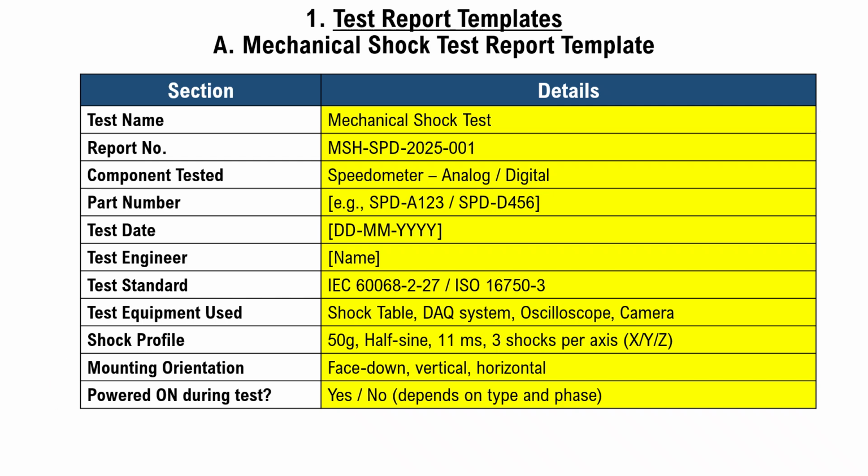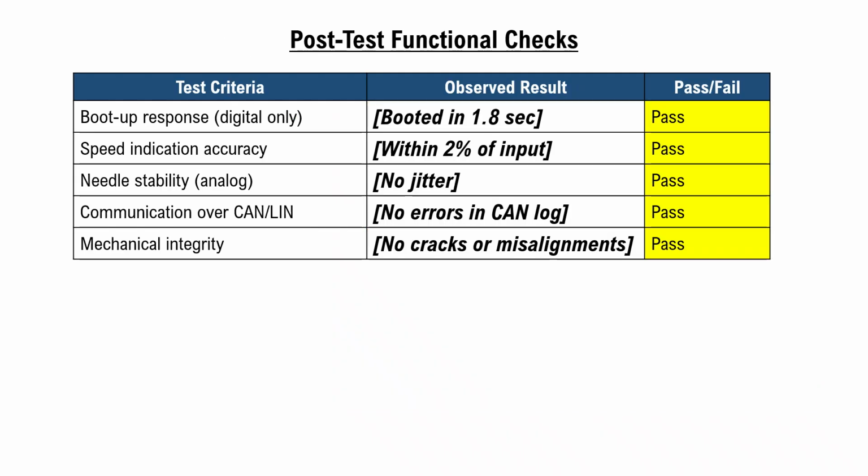Power down during test: yes or no, depends upon type and phase. Going to post-test functional checks. Boot up: it boots up in 1.8 seconds, therefore it is a pass.